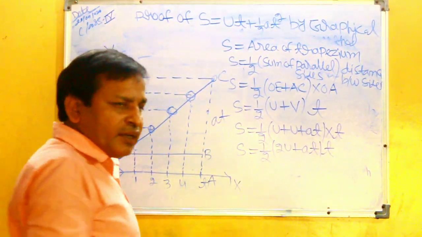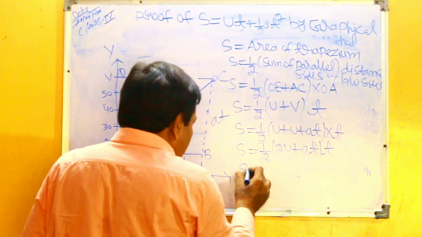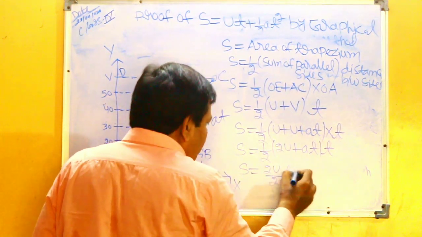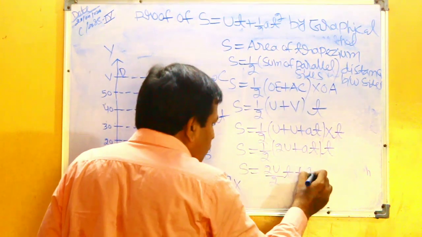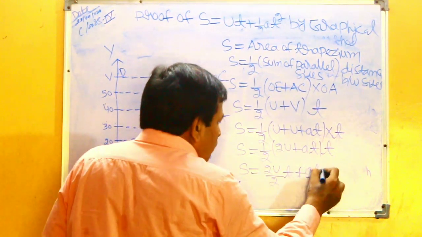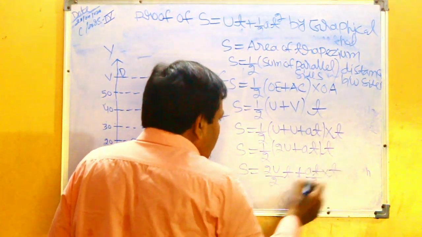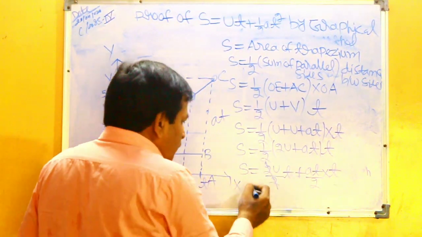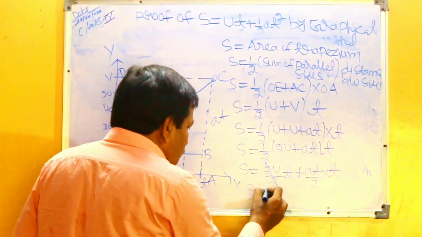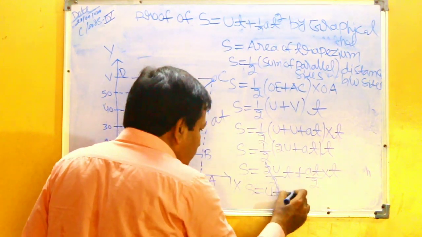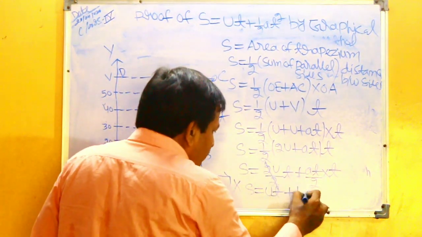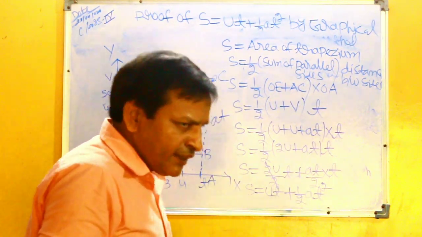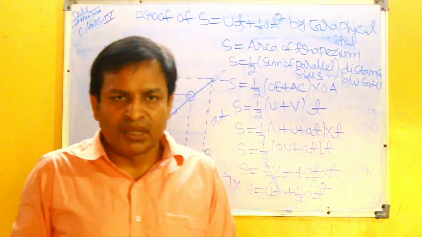On opening the bracket, we get s equal to 2u by 2 into t plus at by 2 into t. 2 and 2 get cancelled. So finally we get s equal to ut plus half at square. That we have obtained in general method, s equal to ut plus half at square.